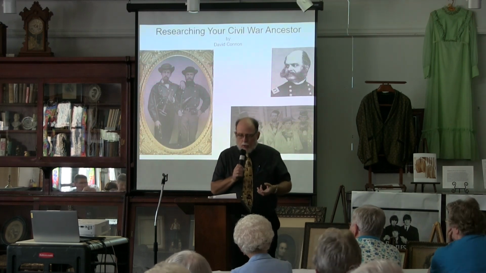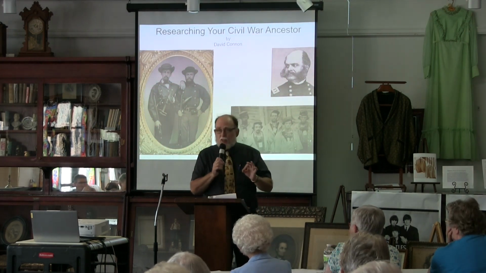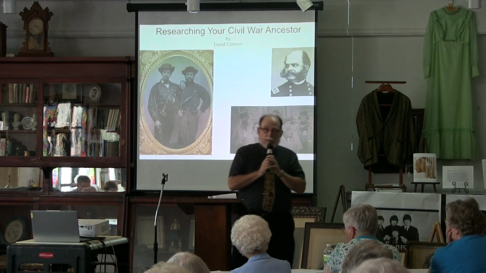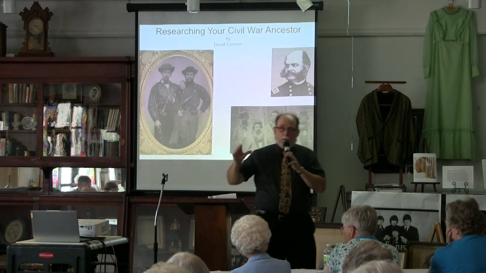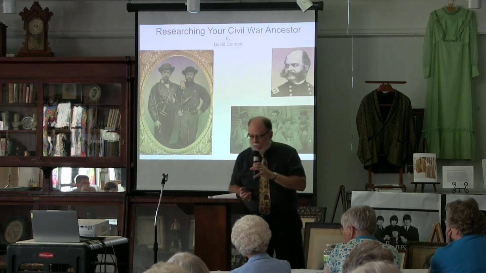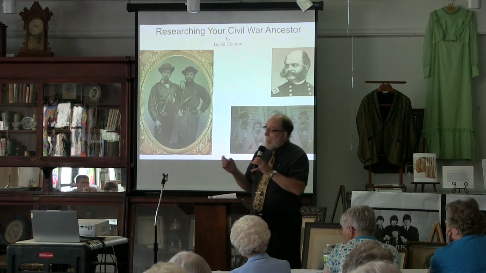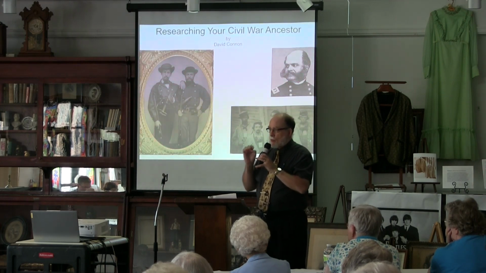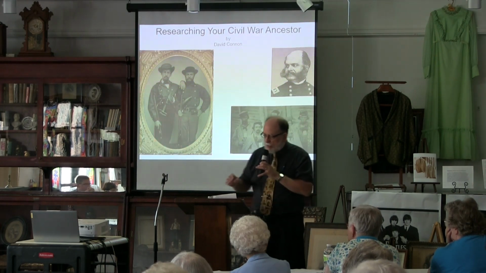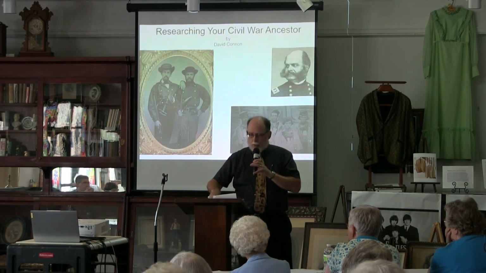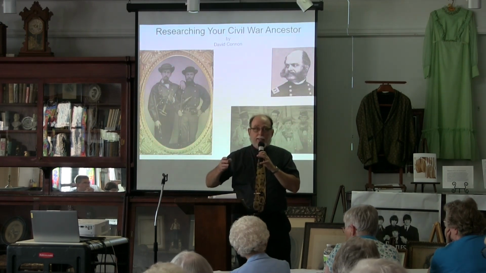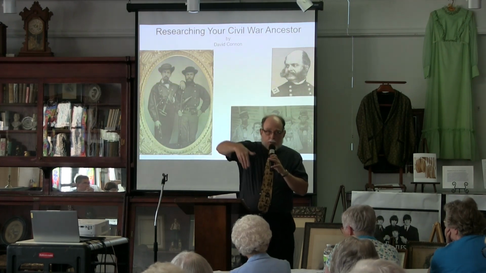Secondly, a goal of establishing the date of birth and the location of birth. For a Civil War ancestor, the time range is probably between 1820 and 1845 for birth. If an ancestor of yours emigrated from another country, it's really helpful to document the year that person arrived and the name of the city and the state that he moved to.